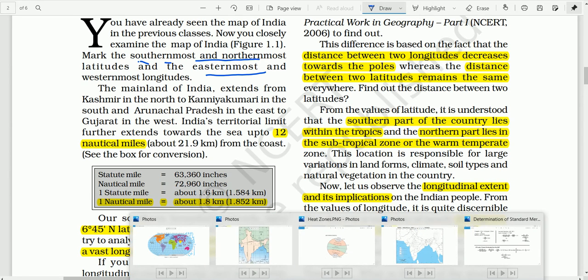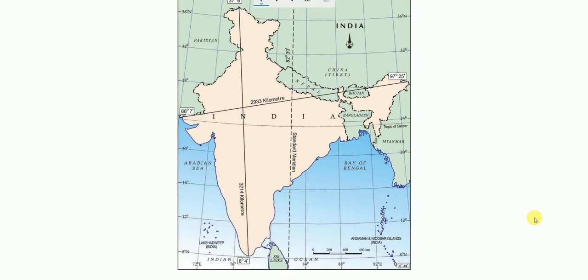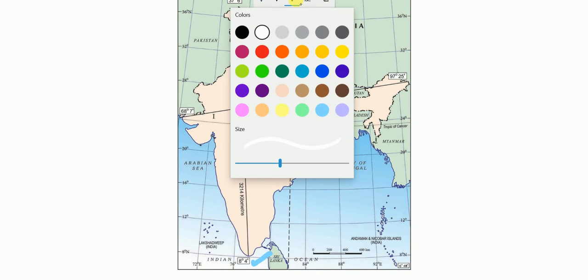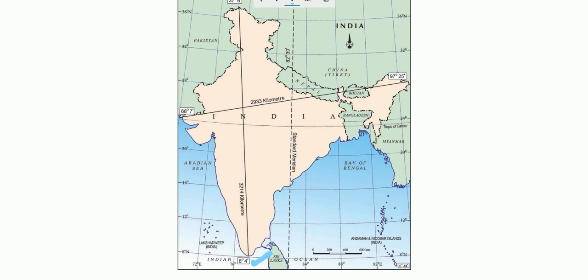Thus we have one more map here. It is marked here. The southernmost one is 8 degree 4 minutes north. This is for the mainland. Northernmost is here, it is 37 degree 6 minute north.